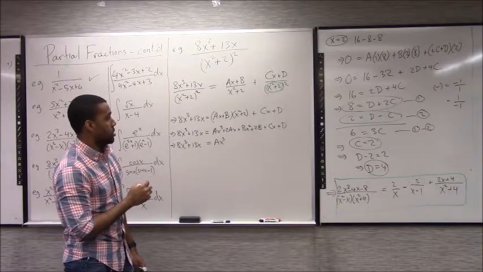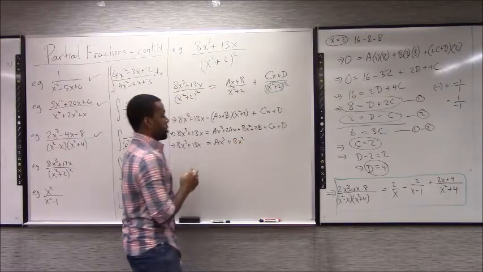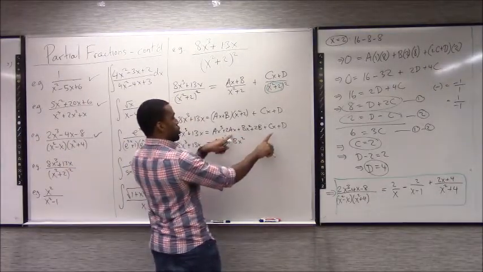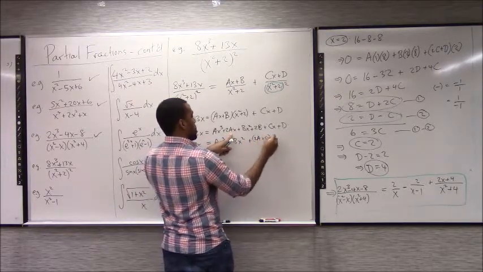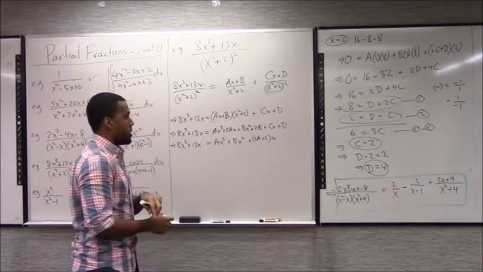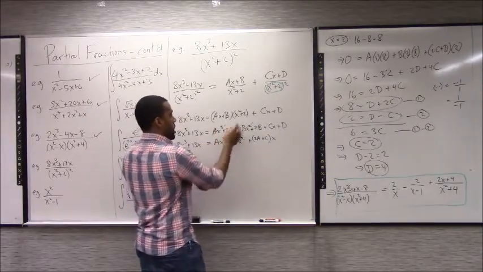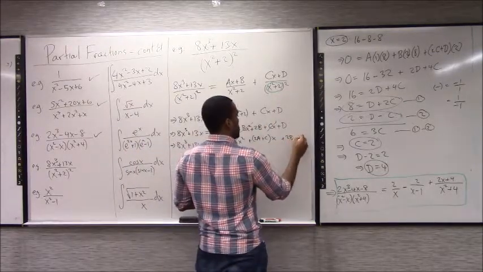One, there's only one x squared, that's just bx squared. How many x's are there? There are 2. So there's a 2a plus c, and those are the x's. So I got rid of the x cubed, I got rid of b squared, I got rid of the x's, and now there's a constant term, that's 2b plus d.